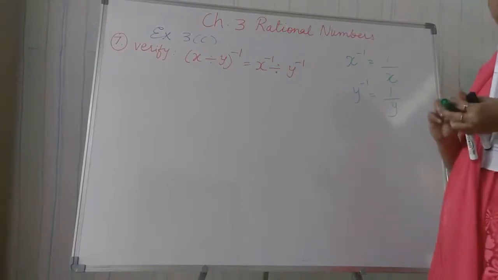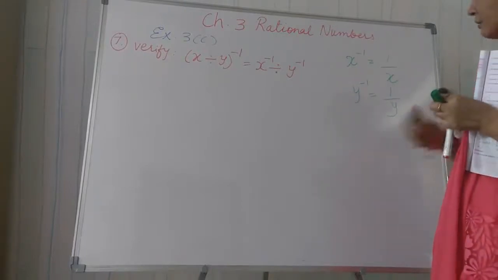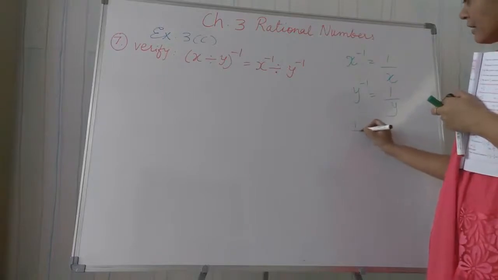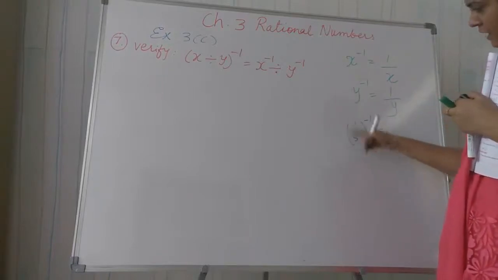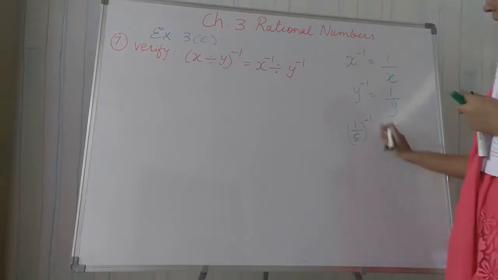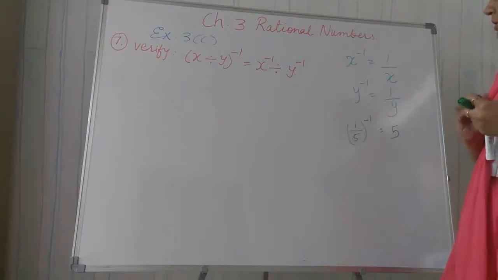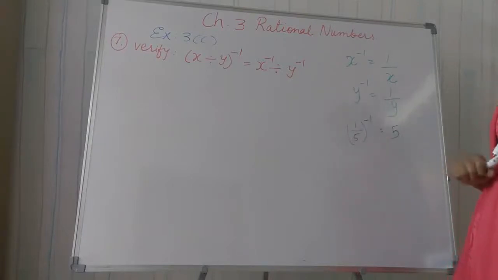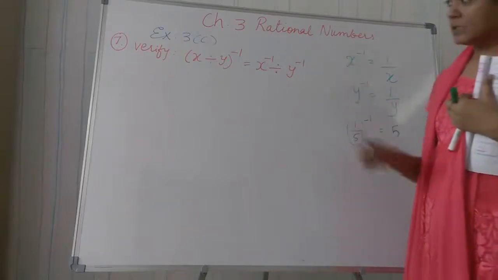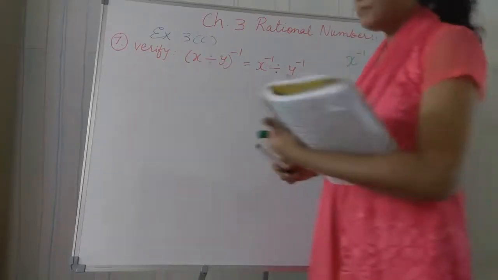So whenever you are given any rational number like 1 by 5 power minus 1, you can take its reciprocal and this minus 1 will be removed, because minus 1 becomes plus 1 when you take the reciprocal of it. So let us take this verification.